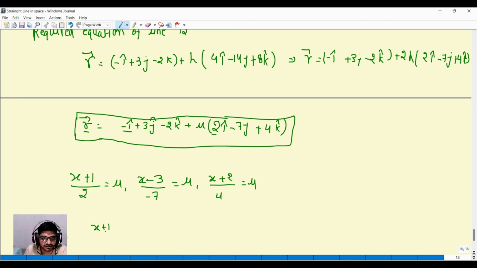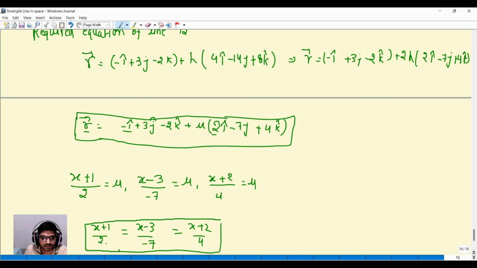So the Cartesian equation is given by x plus 1 upon 2 equals x minus 3 upon minus 7 equals x plus 2 upon 4. This is the Cartesian equation.